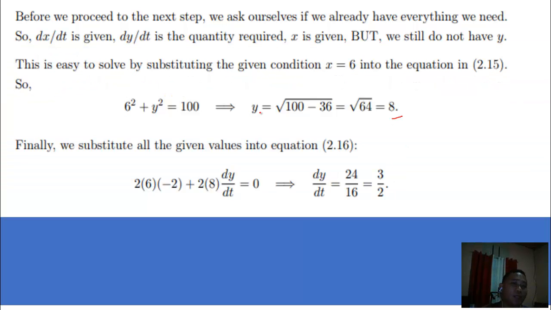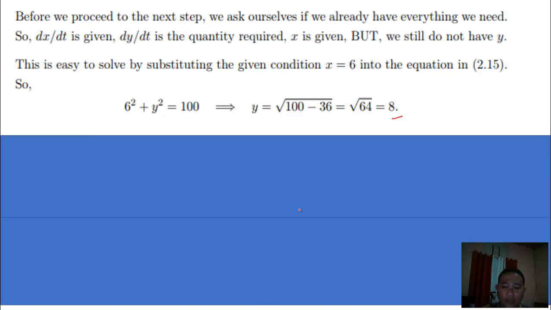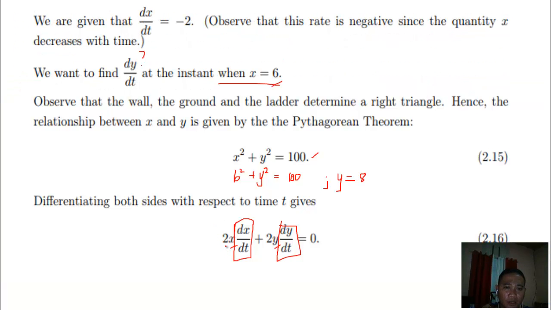We can now use that. So, from that, we have 2 times x, 2 times 6, times dx over dt, which is negative 2, plus 2 times y, and y is 8 because we solved it. And then, we can solve for dy over dt.